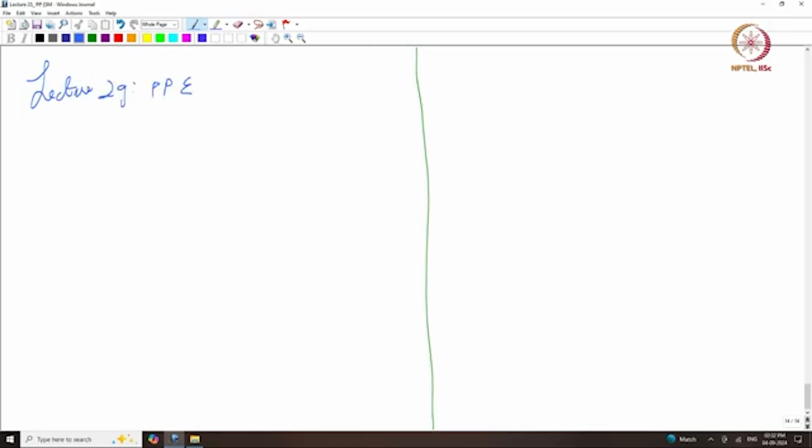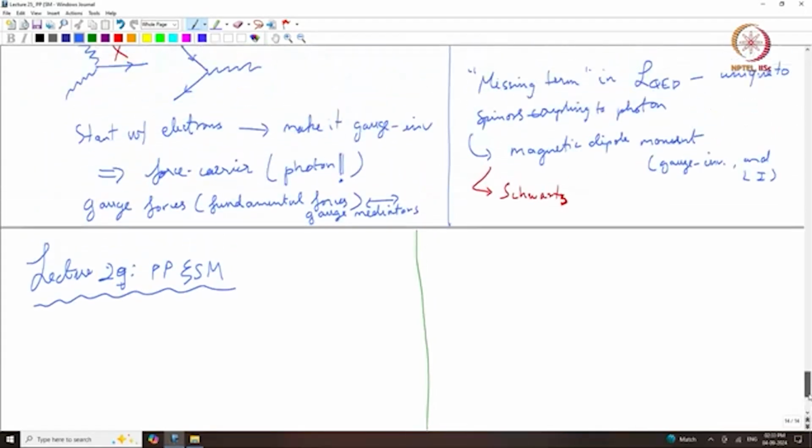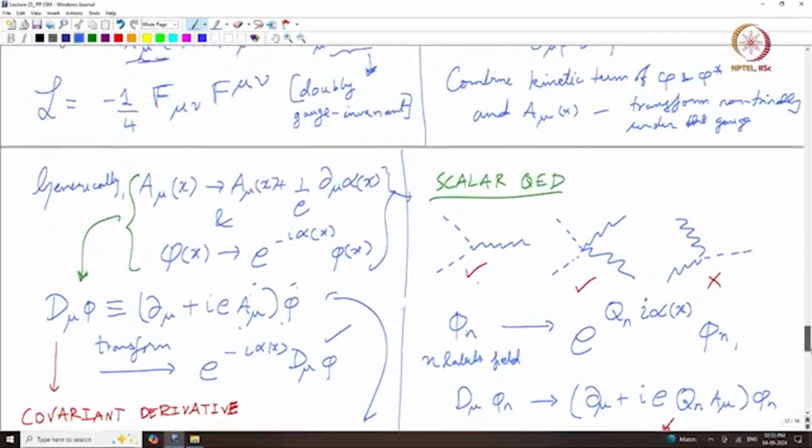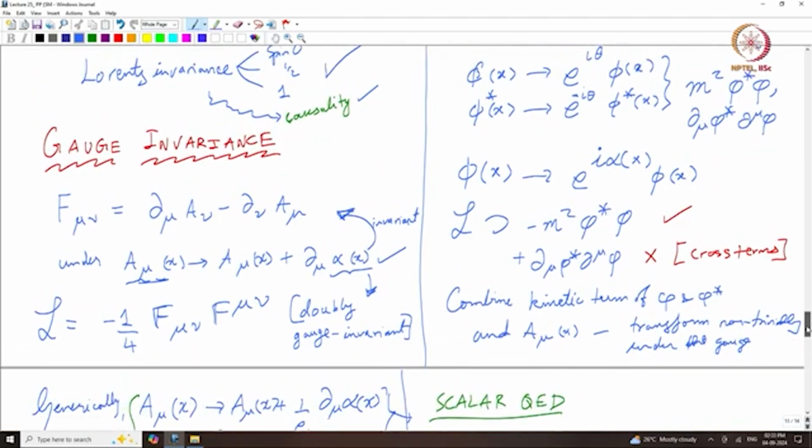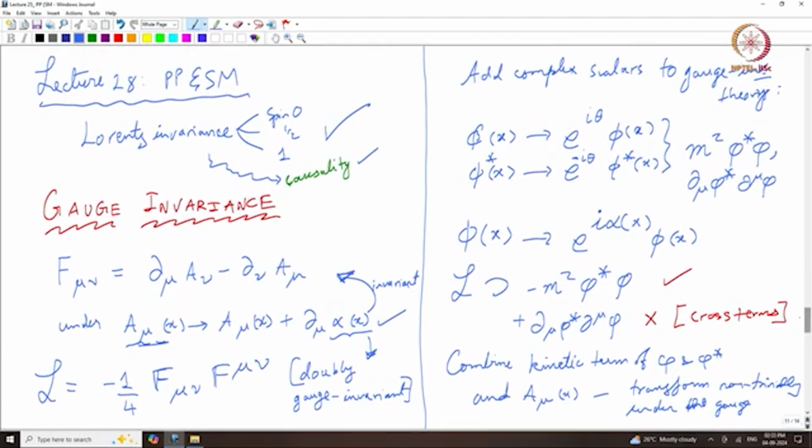And last time we saw the fundamental importance of gauge invariance in constructing particle physics theories, correct? Until that point we had taken Lorentz invariance very seriously because we needed causality and locality and these concepts. But now we also want invariance under redundancy in the descriptions of fields such as this, right.